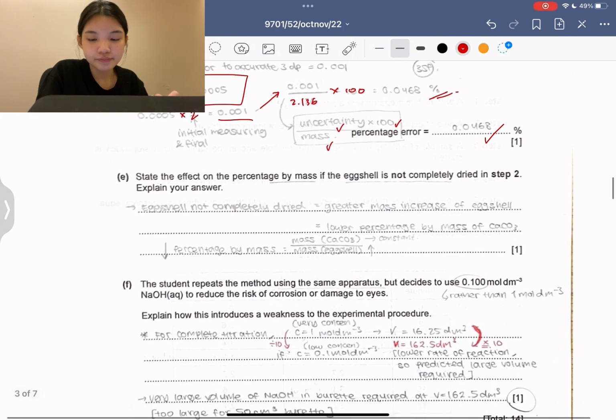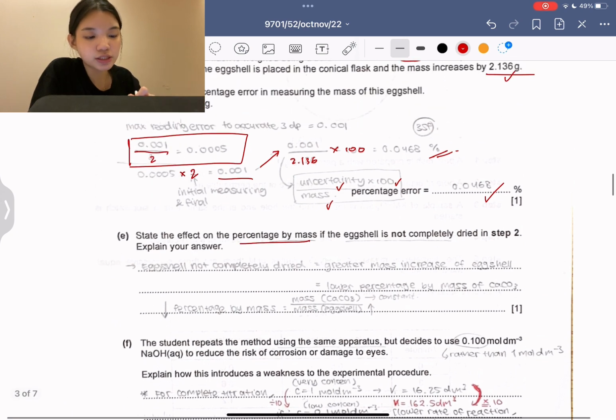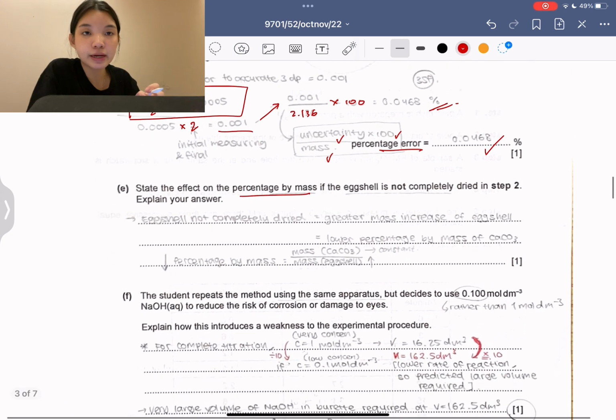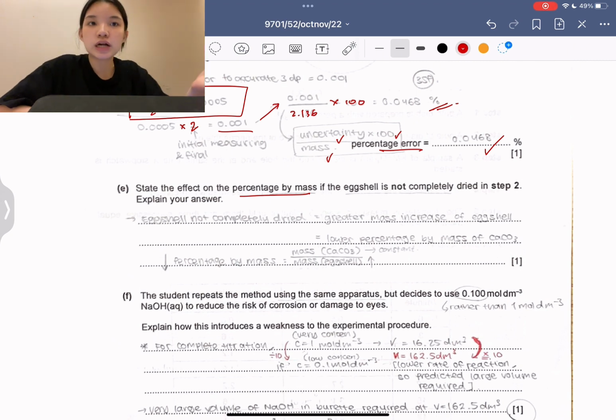Then E, state the effect on the percentage by mass. This is different. Just now was percentage error. This time is percentage by mass. Percentage by mass is the mass of CaCO3 divided by the mass of powdered eggshell used times 100. If the eggshell is not completely dried in step 2, there is of course additional mass of water.